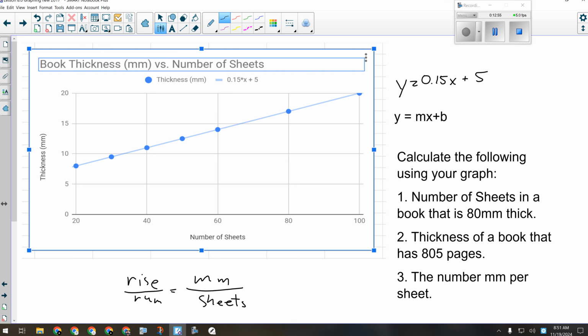Would you agree? Okay, now using y equals mx plus b, so using this equation here, I want you to see if you can do these two questions here. We already did number 3. We already calculated the number of millimeters per sheet. That was 0.15. So here's my tip for you before you start.